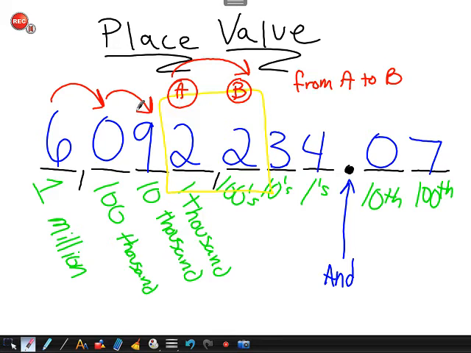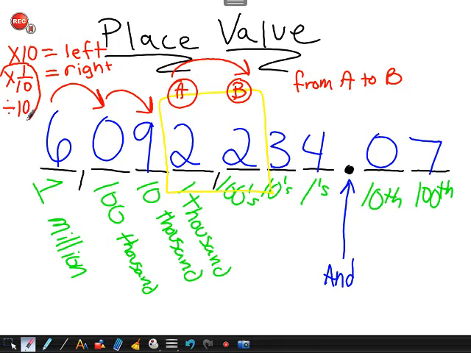So a while ago, it was times 10, which was a move to the left. So to go to the right, it's actually times 1/10, and times 1/10 is basically another way of saying divide by 10. So these are the same thing.